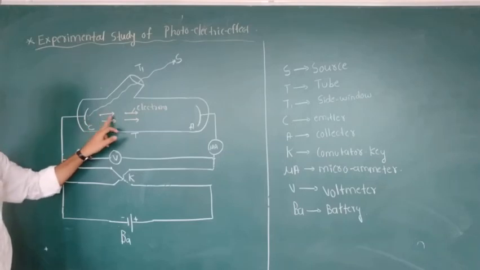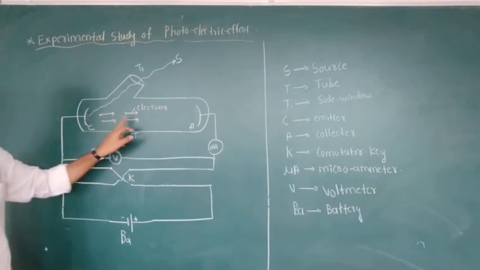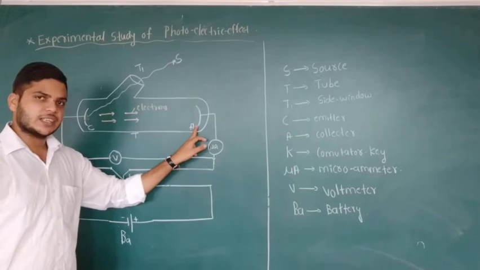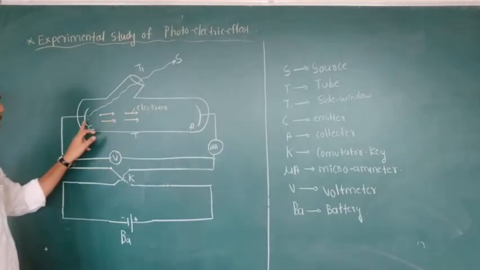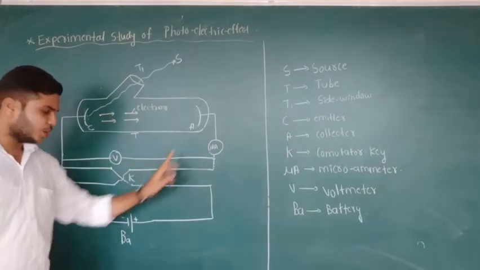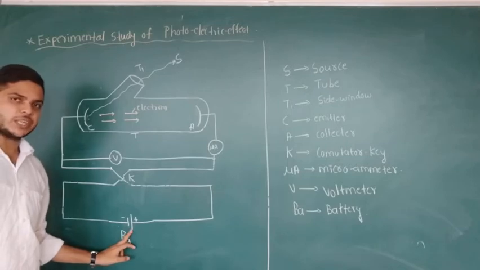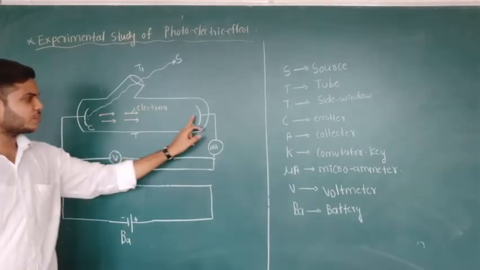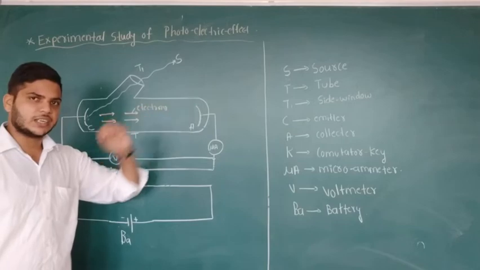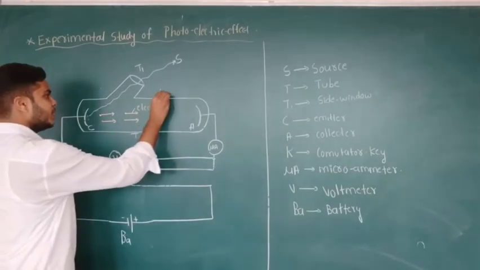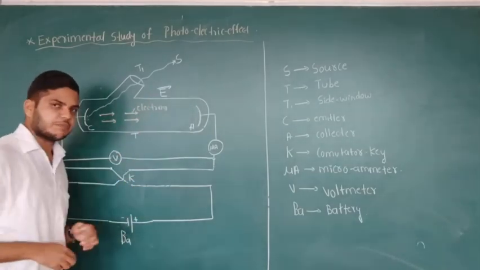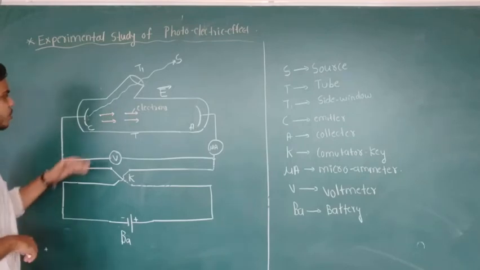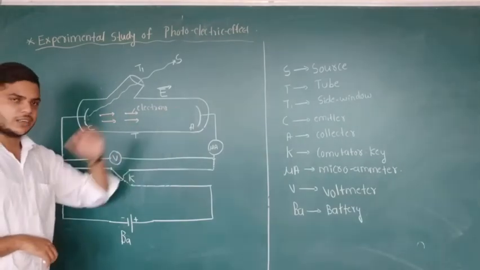These emitted electrons are accelerated towards the collector. The electrons move from emitter to collector due to the battery. Due to the potential difference, an electric field is created. Therefore, electrons start moving from emitter to collector.